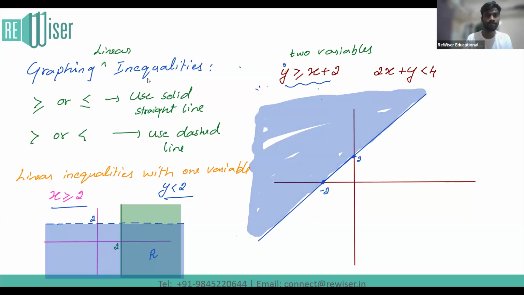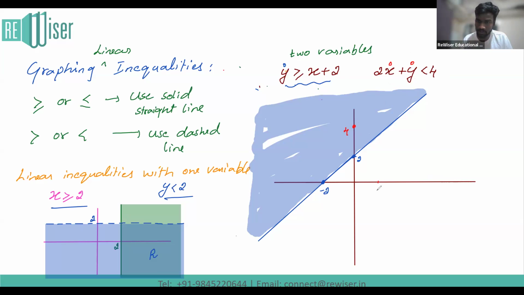And next, here we have another line, which is 2x plus y is less than 4. For the y-intercept, when you put x as 0, you will get y to be 4. Let's say 4 is somewhere here. And next, when you put y to be 0, you will get x to be +2.